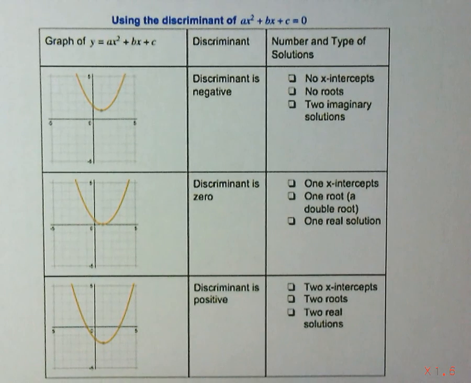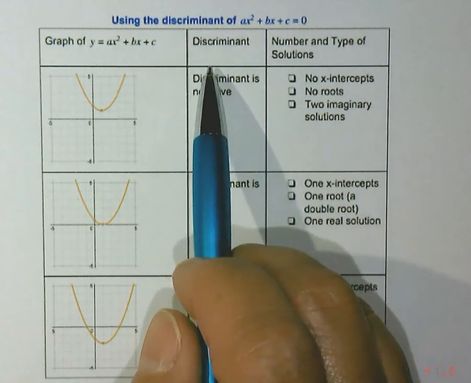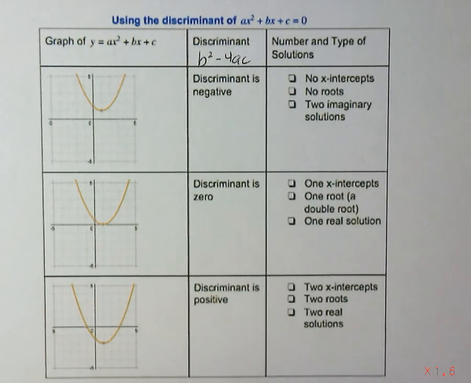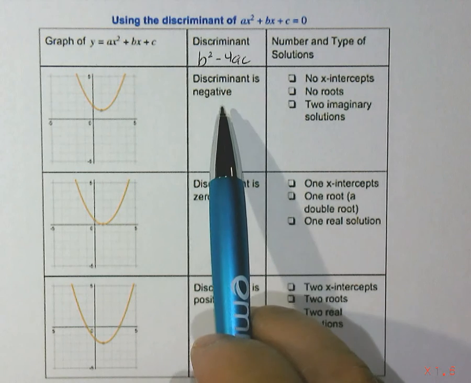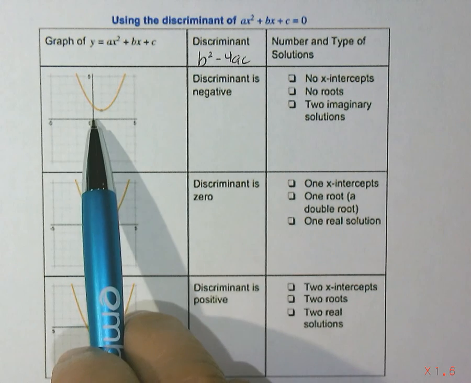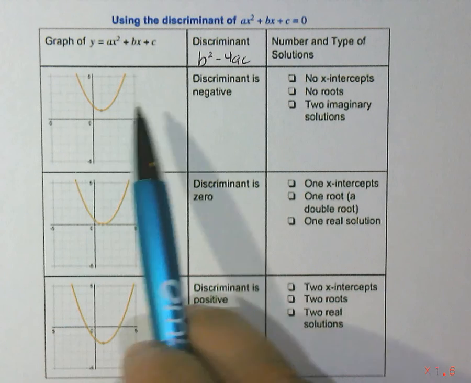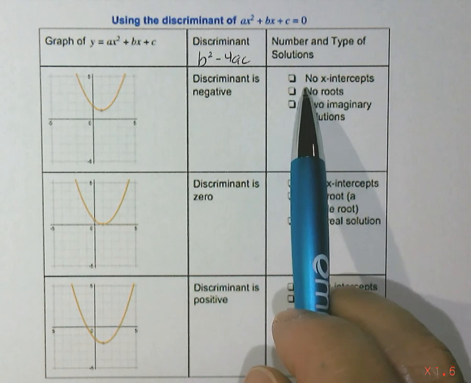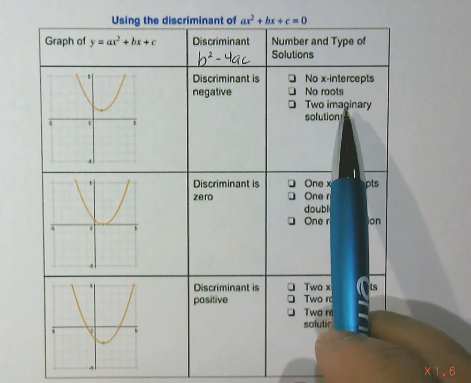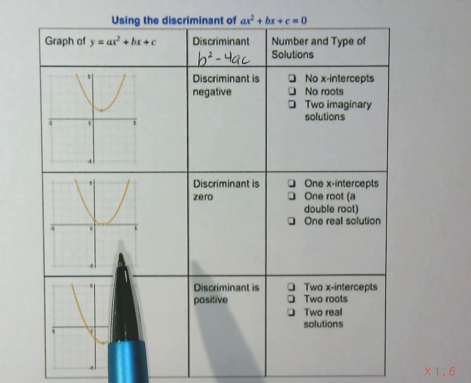If the discriminant, so that discriminant is this b squared minus 4ac, if that value is negative, like it was in our last problem, it's not crossing the x-axis. So the number of solutions, it doesn't have any x-intercepts, it doesn't have any roots, but it has two imaginary solutions, or you can call them complex solutions.